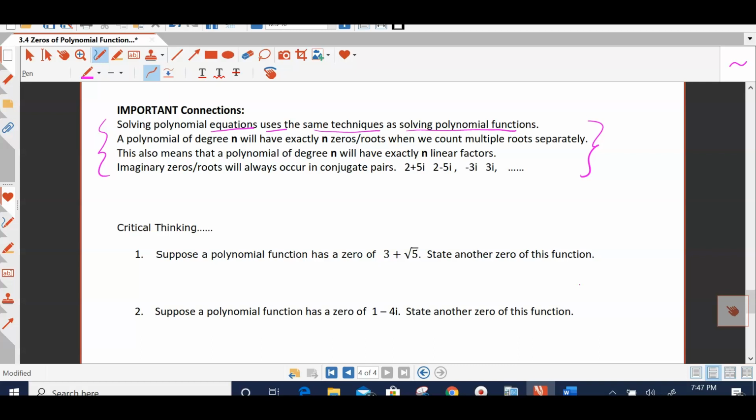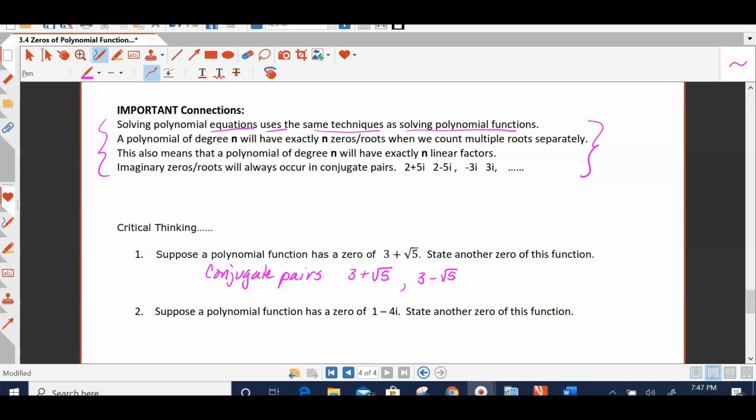Could you state another zero of this function? Well, you should be able to, because irrational zeros such as this will always occur in conjugate pairs. So if 3 plus the square root of 5 is a 0, then I know that 3 minus the square root of 5 would also be a 0.